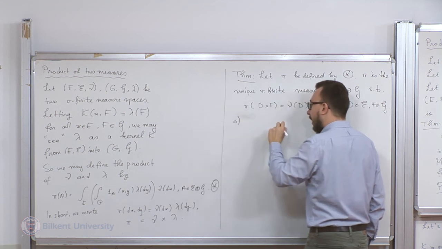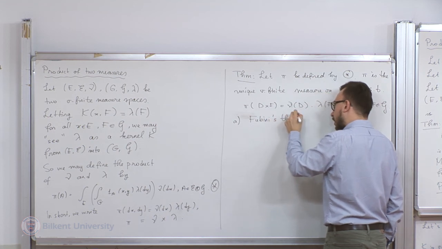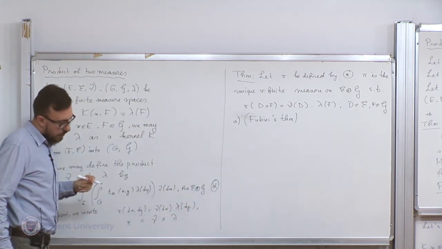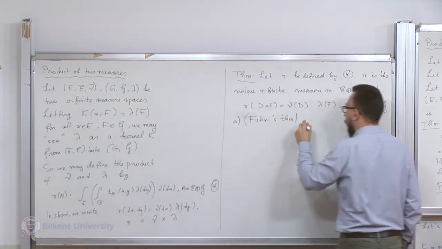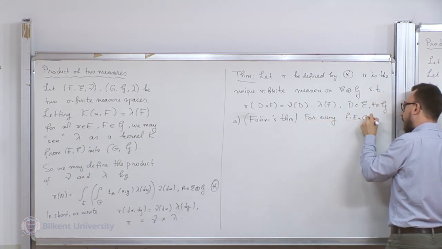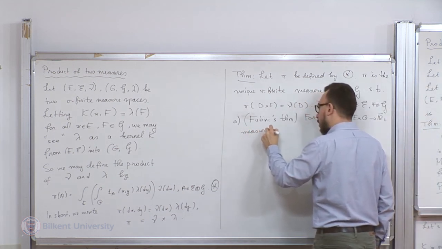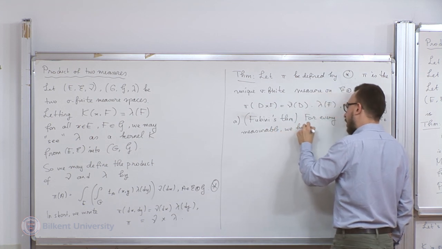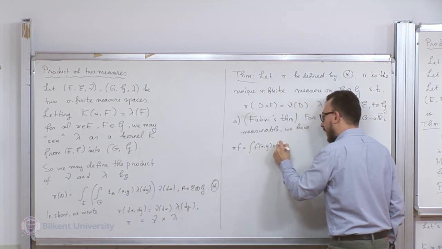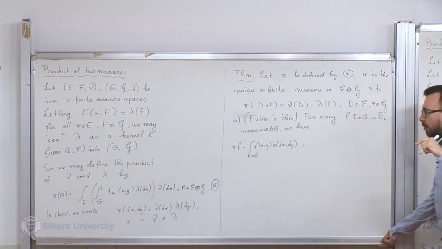So part A, this is Fubini's theorem. For every f that is positive and measurable, we have pi f, which is by definition the integral of f with respect to pi on the product space, can be calculated in two ways.